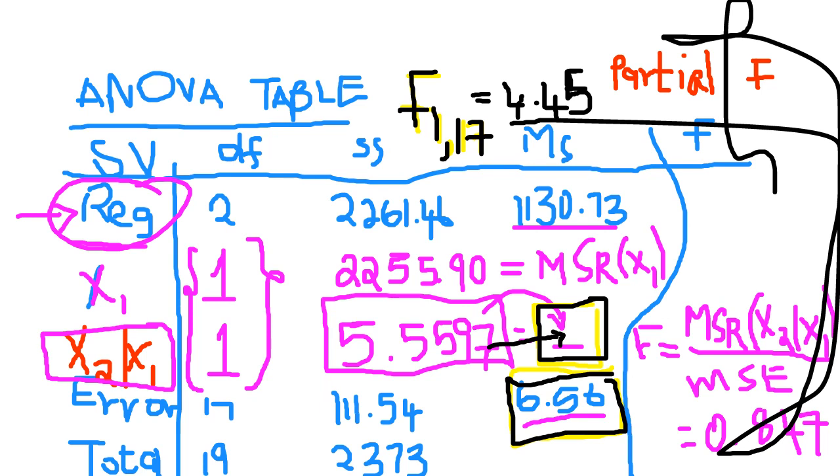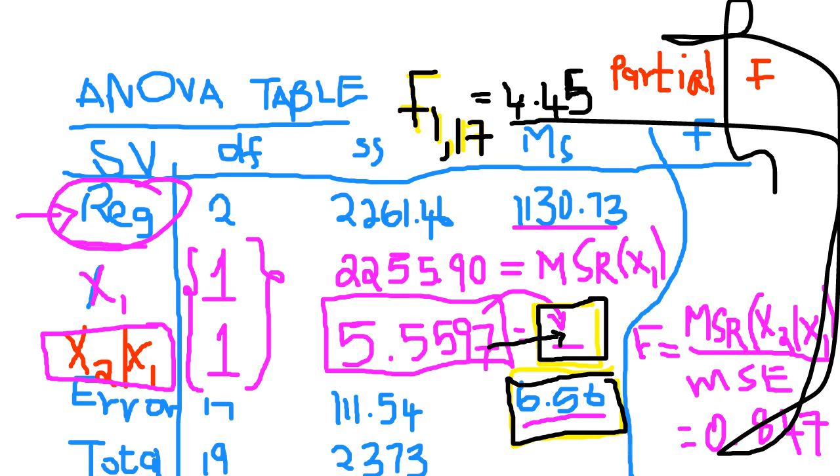Variable X2 does not significantly improve the model after X1 has been included in the model. That is your null hypothesis. The alternative hypothesis will say variable X2 significantly improves the model after X1 has been included. That's what we are testing now.